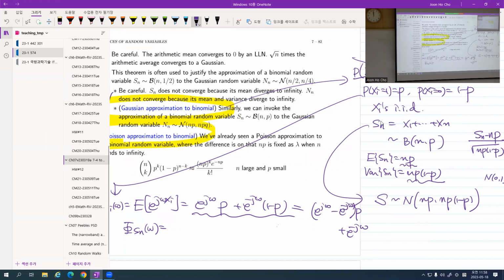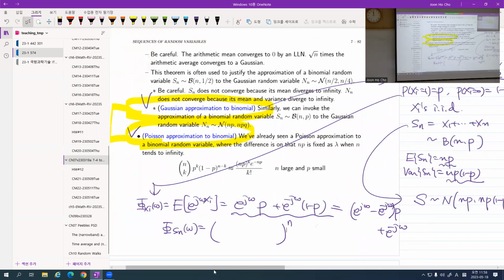Anyway, what you do is raise this one to the power of n, and then you take the limit. But you do not just let n tend to infinity.